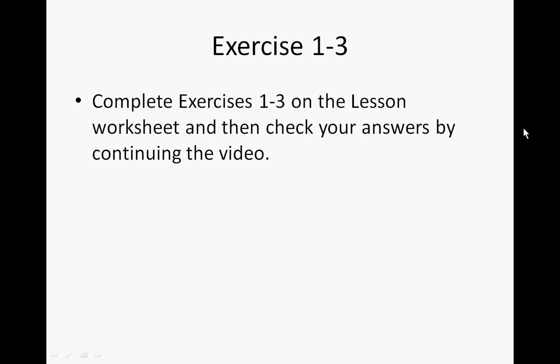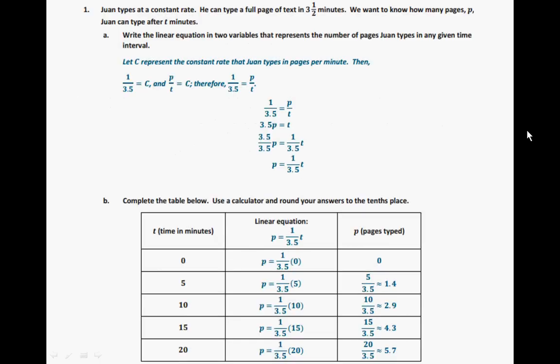All right, let's take a look at exercises 1 through 3. Complete those on your lesson worksheet and then check your answers by continuing the video. Here is the answer to 1, or the part answer. Again, make sure that you're paying attention to the way the problem is set up.